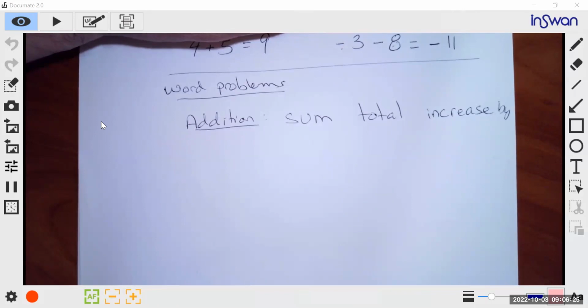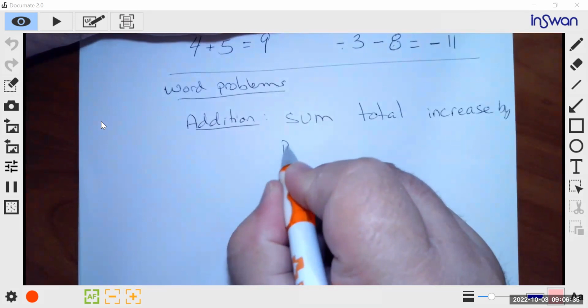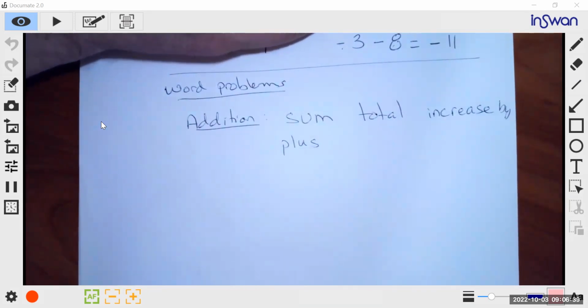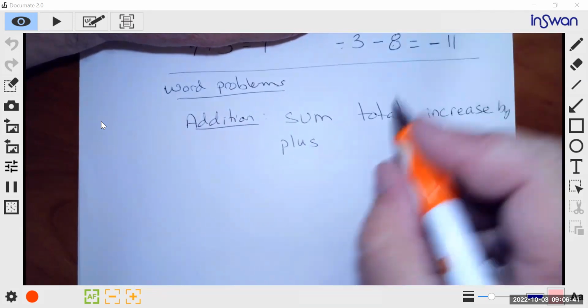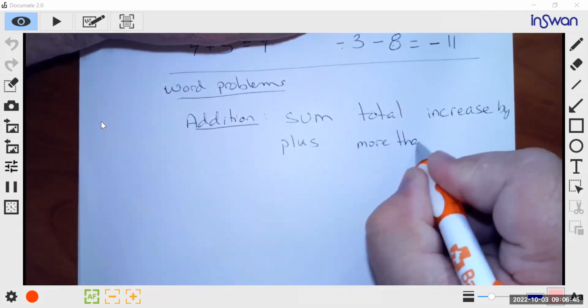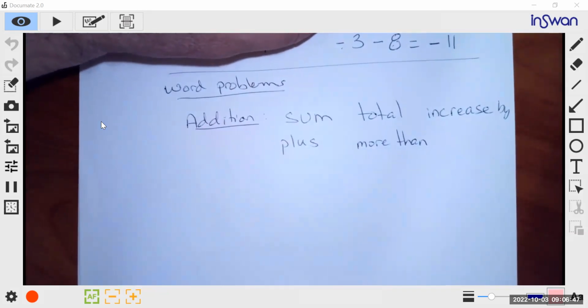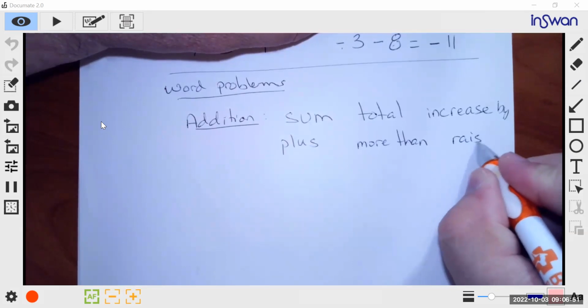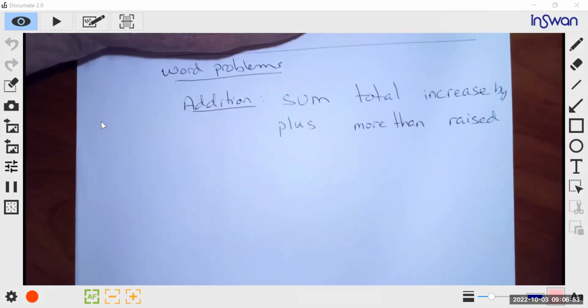What other words do we know that mean plus? The word plus means plus. More than. Raised.